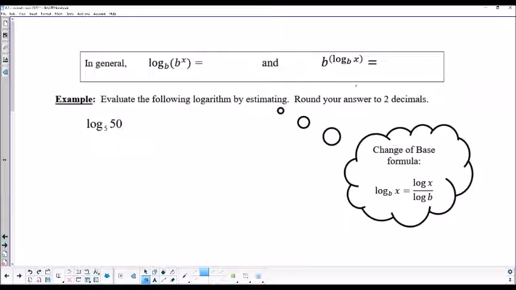So in general, what we've found in the last couple of examples is that b to the exponent log of x to the base b is just x, and the logarithm of b to the power x to the base b, well, what do you raise b to get b to the power x? Well, that's just x. Notice that in each of these cases, we've got the same base. Therefore, the result is just this x.